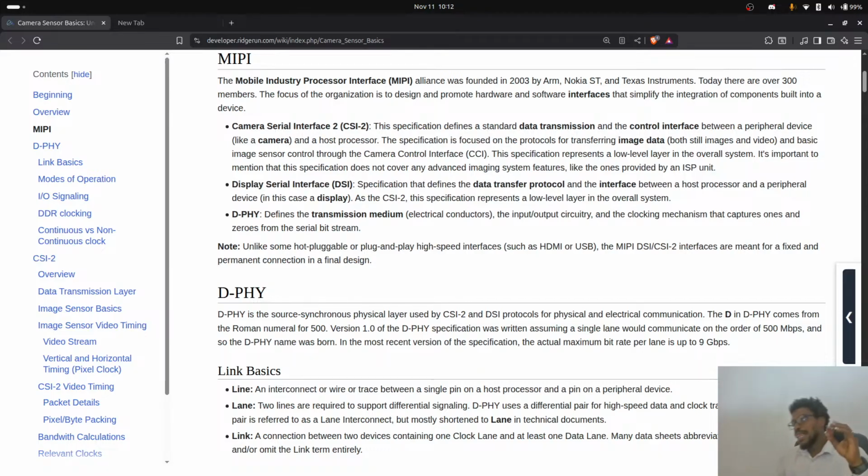But basically, what I'm trying to show is that a camera has a few... Where's my OV5640? Yeah, here. Sorry.